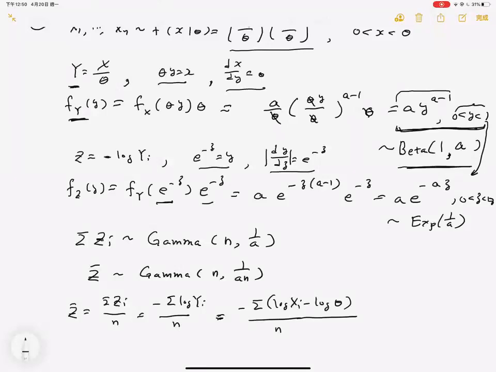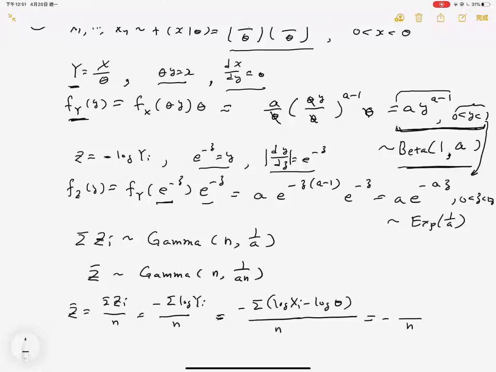Let me stop a little bit to make sure that I get it correct. y is xi divided by theta, so taking the log becomes log xi minus log theta. So far, so good. So that means right here I do have minus 1 over n. Again, start over: zi is log of yi.